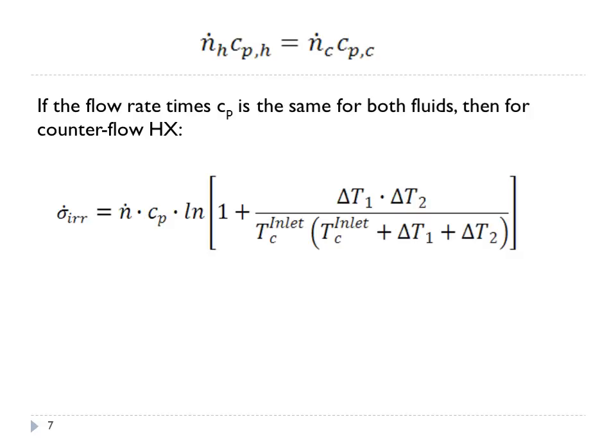More exergy destruction occurs when there's a greater driving force, when more heat is transferred, and it decreases as you increase the temperature of the entire system, like on the cold side. That's why I just want to build some intuition here. The main thing I want to get out of this is that the larger the driving force, the more the exergy destruction.